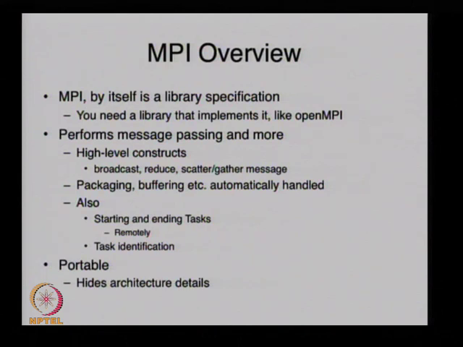And then there are various implementations, of which the most active right now is this OpenMPI implementation, which is what is going to be available on the machine that you're going to run.